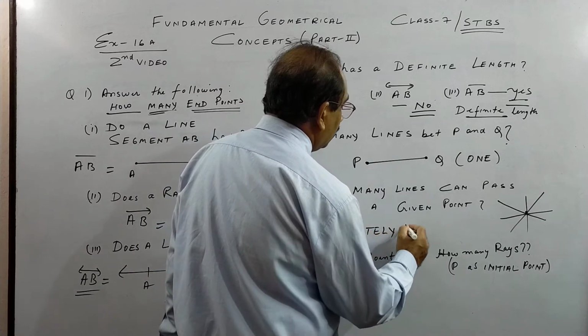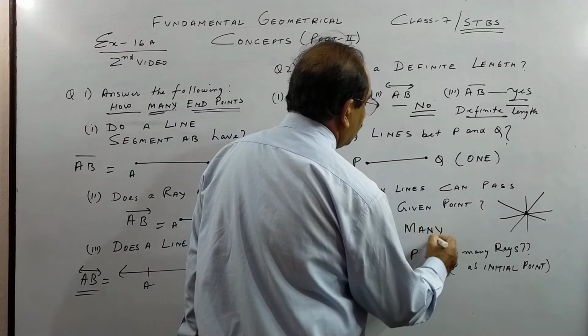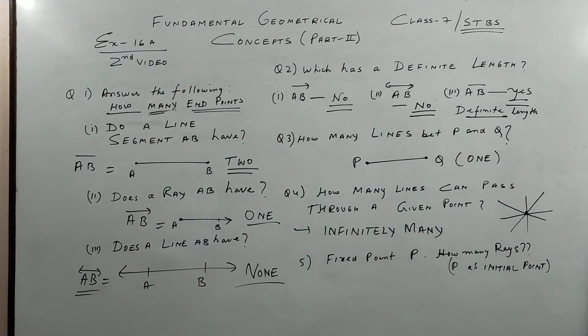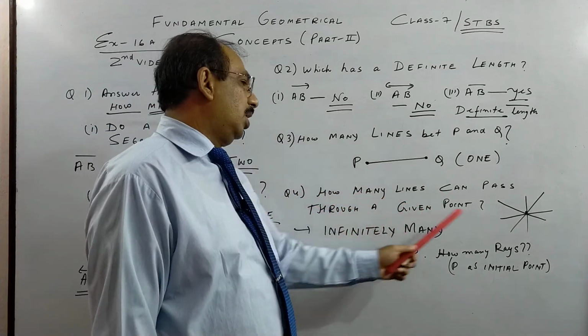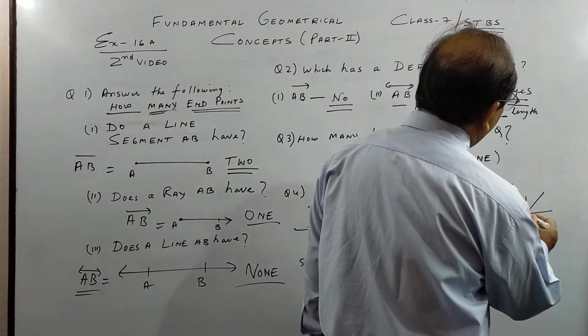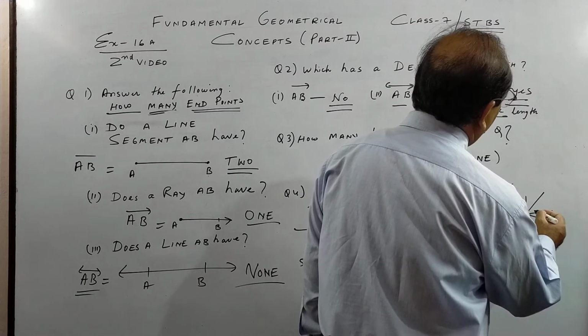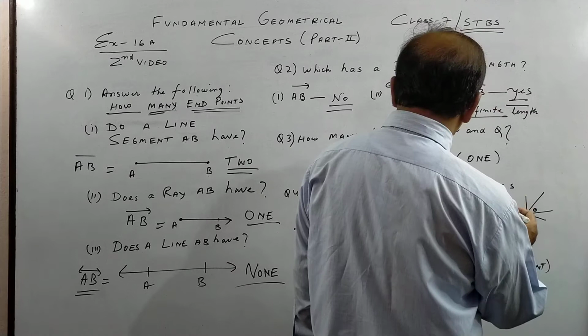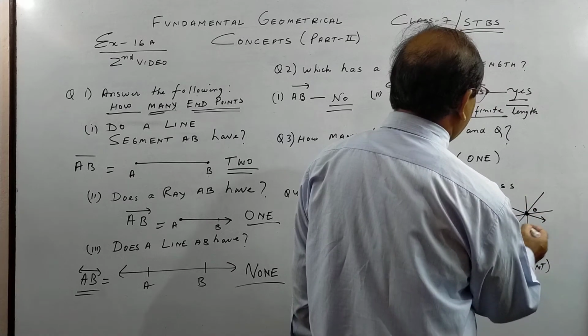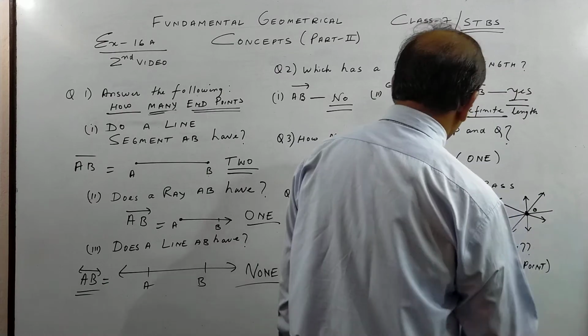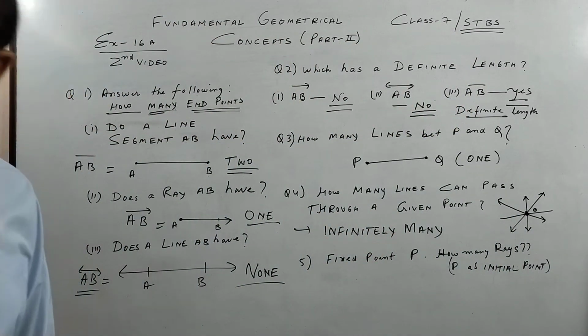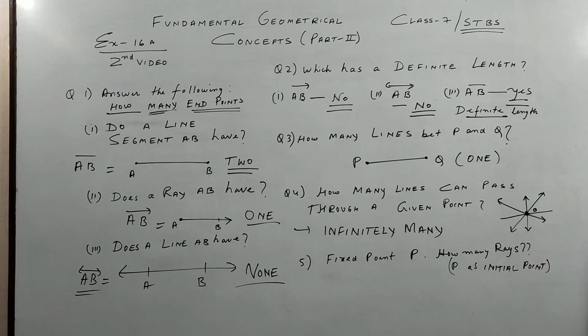You will have infinitely many lines which can pass through a given point. Let the given point be O. When we represent a line, children, you put arrows. Question 4 is not talking about a line segment.